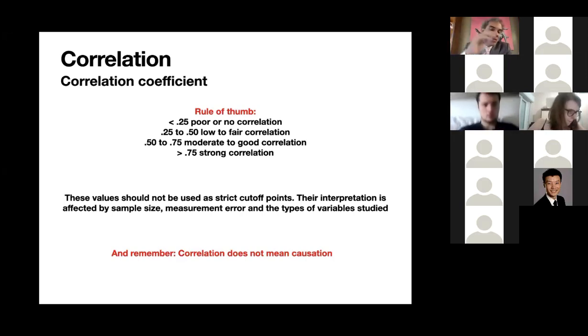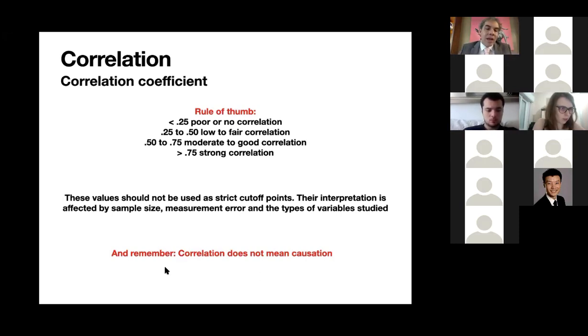For example, sample size: if I have a super big sample size, like 3,000 scores, and I do a correlation, and I have a correlation coefficient of 0.10, which would be a poor or no correlation, that coefficient will be statistically significant just because of the big sample size. So you need to be very careful with this rule of thumb regarding sample size.